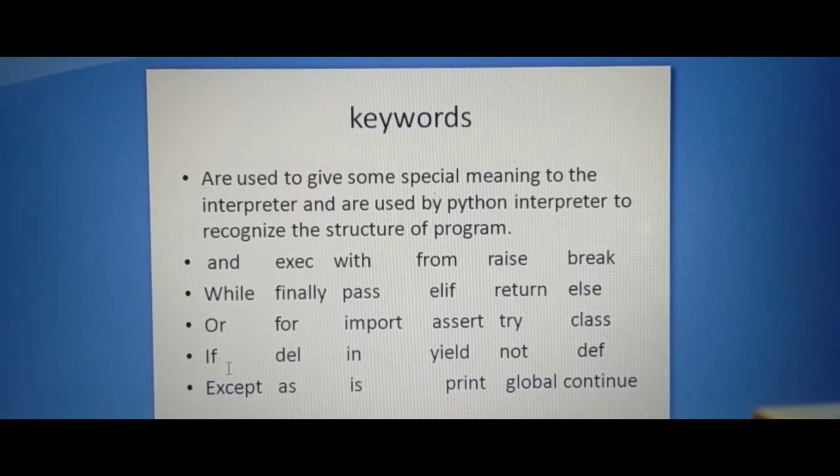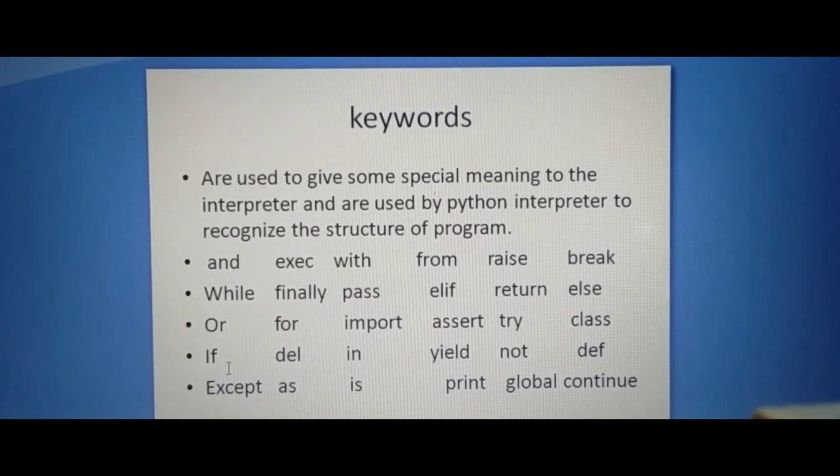They are used to give some special meaning to the interpreter and are used by the Python interpreter to recognize the structure of the program. The keywords are: and, while, or, if, except, finally, for, del, as, with, pass, import, in, is, from, else, elif, print, raise, return, try, not, global, break, class, def, continue.